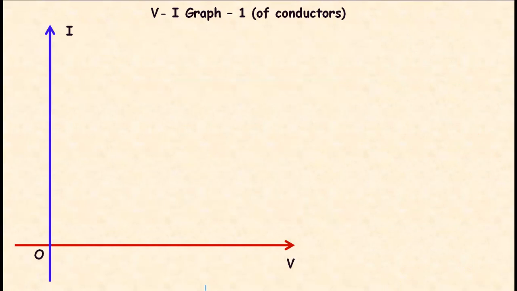Okay, so as I told you, for various voltages applied to the conductor in a circuit, let us measure the current I, which is recorded by the ammeter. After tabulating voltage and currents, plot the points or the coordinates in the graph and join them. As far as a conductor is concerned, your graph will be linear. You will get a straight line.